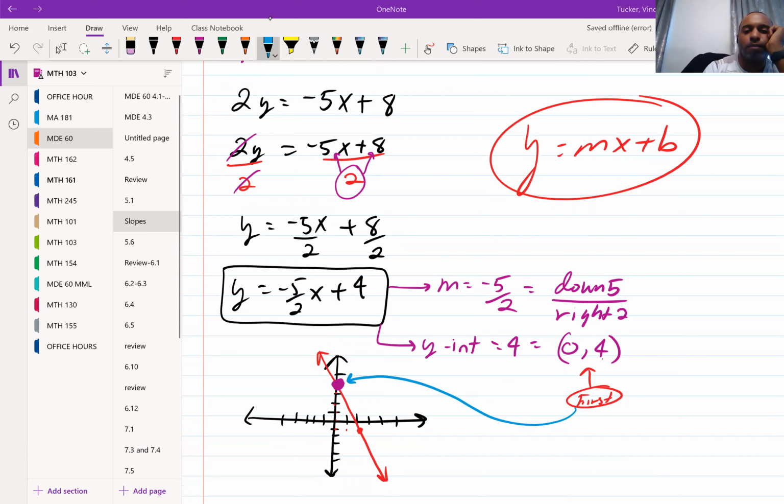And then from there, we go down 5, right 2, and that's how we get this point right here. Once again, we go from this point down 5 tick marks, right 2. That gives that point, and that is our line.